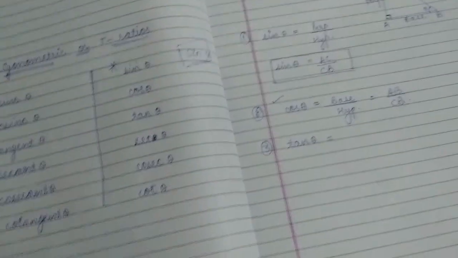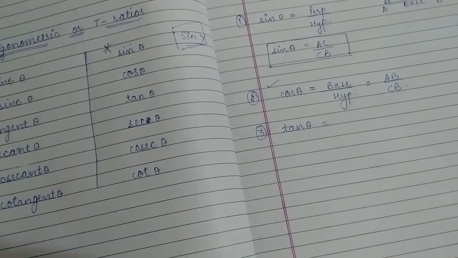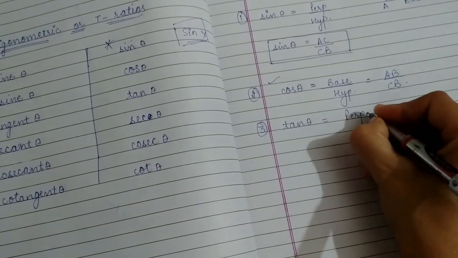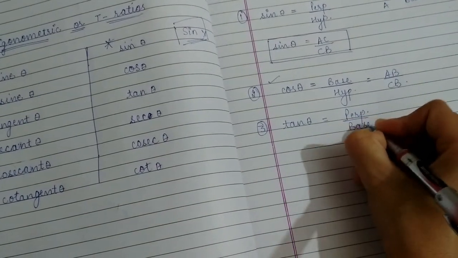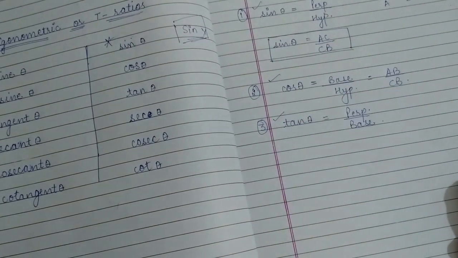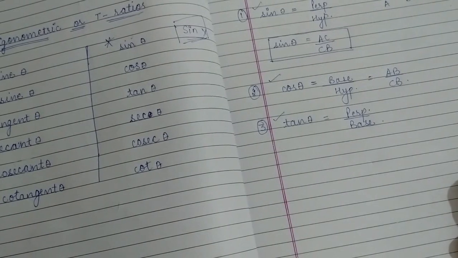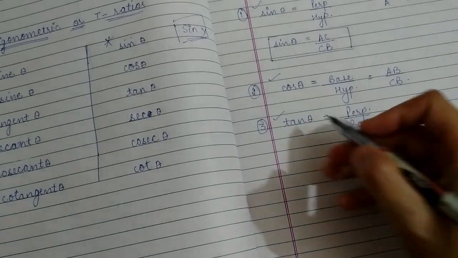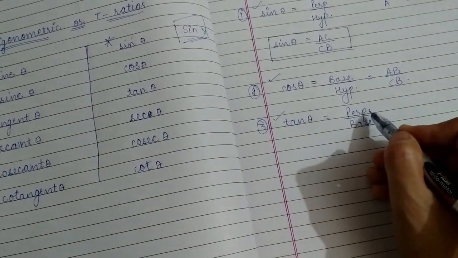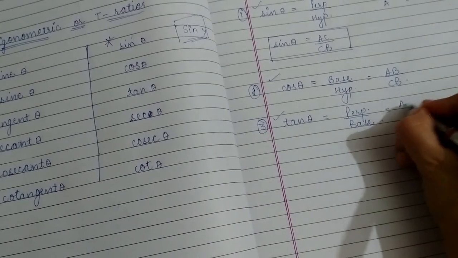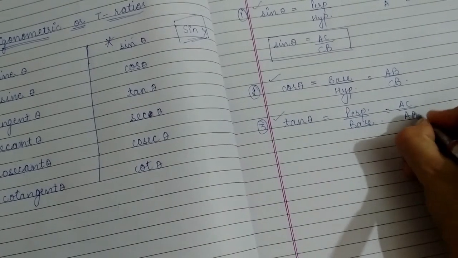Tan theta is perpendicular upon base. These three are really important formulas which we will be using again and again in any mathematical operation which has trigonometry in it. So tan theta is perpendicular upon base, which comes out as perpendicular is AC and base is AB.